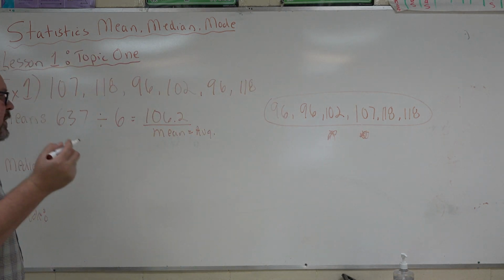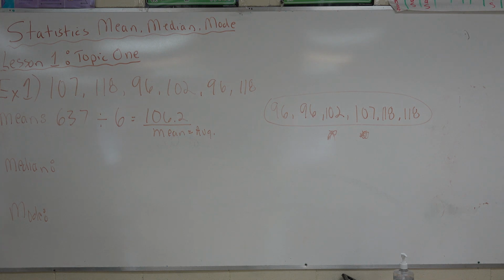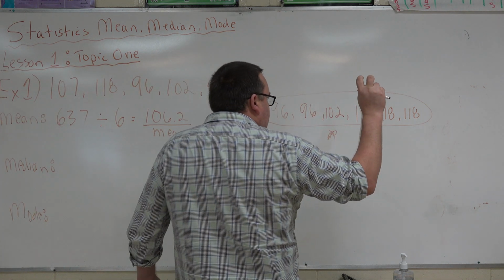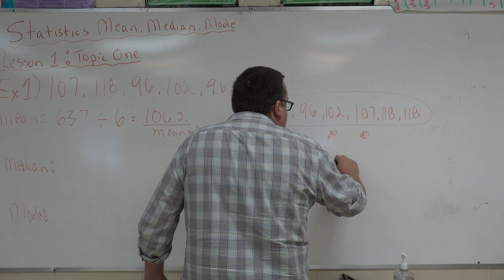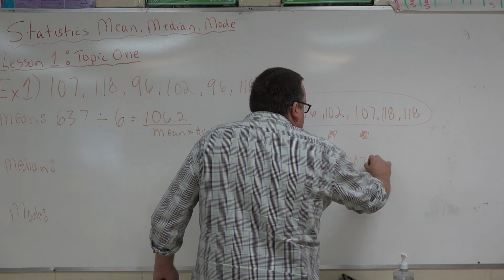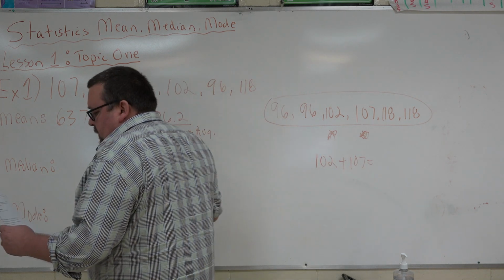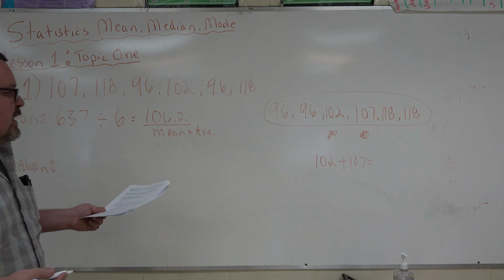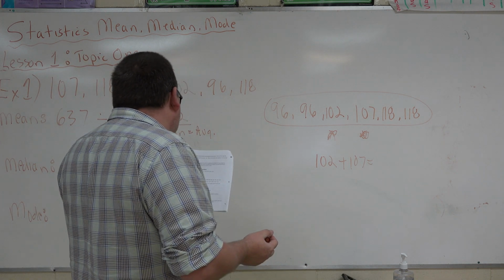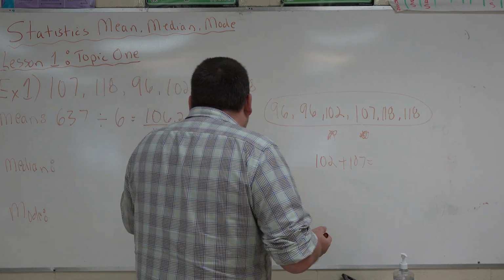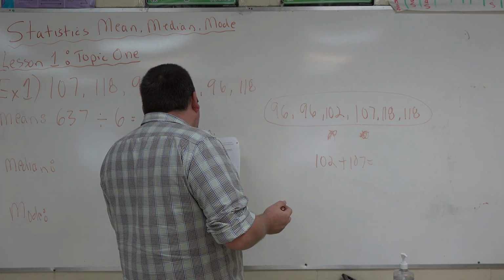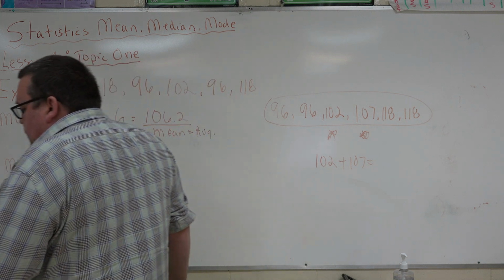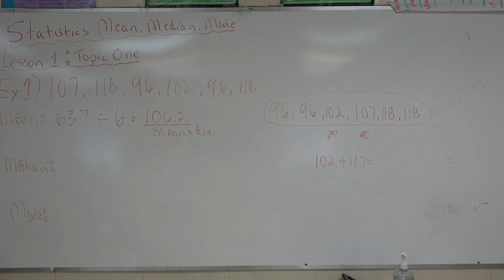If you have an even number in your data set, here's what you do. You take your 2 middle numbers, you add them up. Since there's 2 of them, to find out the middle, you take basically the average of them. So you take 102 plus 107. You get that answer, and that will be divided by 2 to give you what you need.